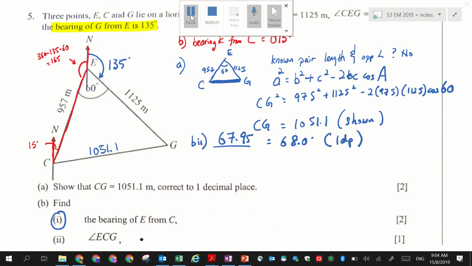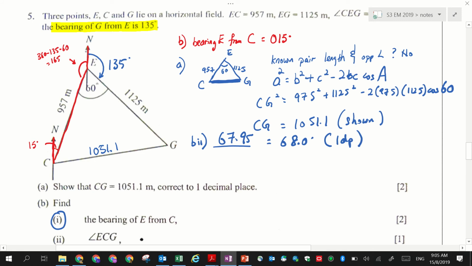Many times you need to label the angle, but you notice that all these are known as north. So in your paper, because next year you are going to do the O level, in the question paper, please remember to label. Example, this is called M, this is called P. If I have a north here, this is called Q. So don't use the N as a label for the side, because the N just stands for north.